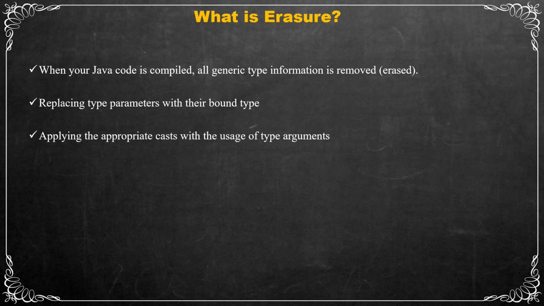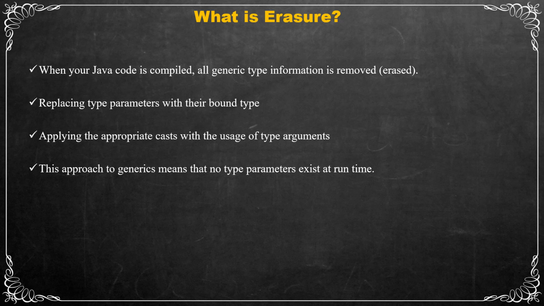The compiler also enforces this type compatibility. This approach to generics means that no type parameters exist at runtime. They are simply a source code mechanism.